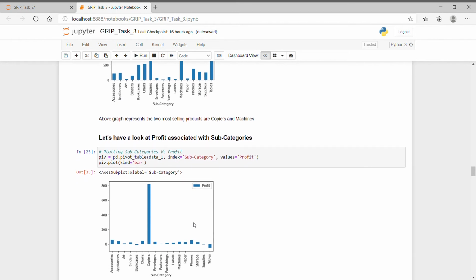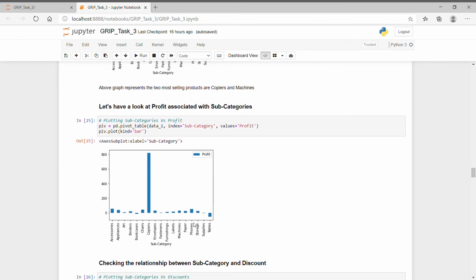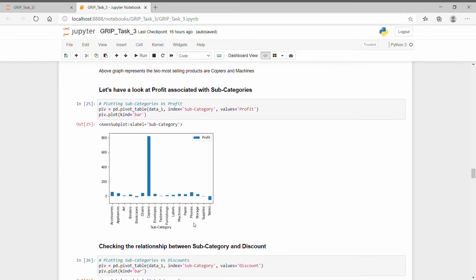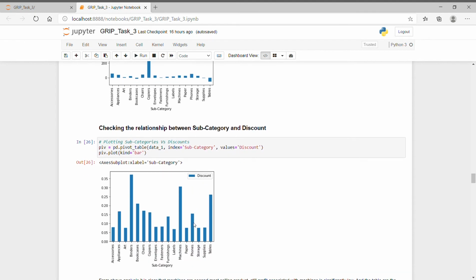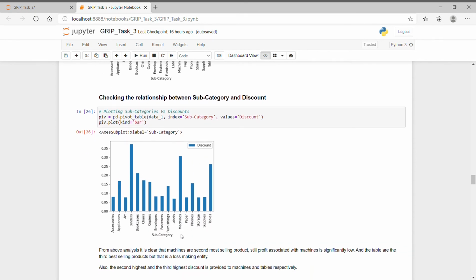Let's have a look at the subcategories and profit curve. When we compare profit with subcategories, we can clearly see that copiers are making far more profit than other entities. Let's check subcategory and discount. When we plot the discount versus subcategory curve, we see that the highest discount is paid for binders, followed by machines and then tables.